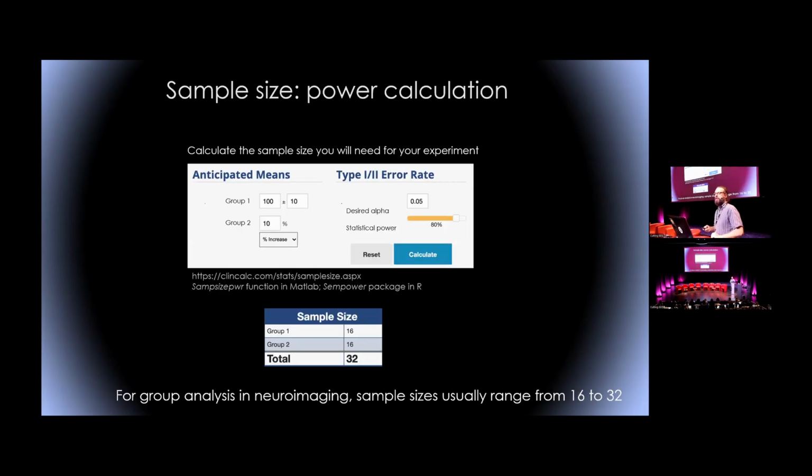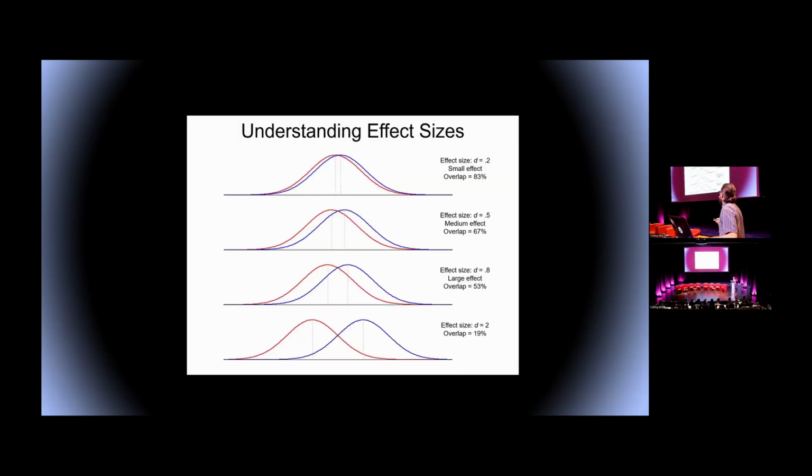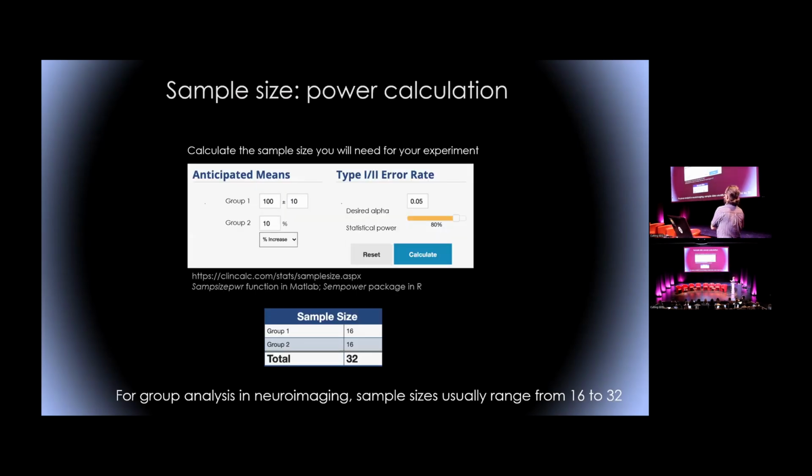Also, if you submit a grant proposal, you'll be asked to do a power calculation. And the way you do a power calculation is that you look at the literature and you try to infer, okay, on my oddball P3, what's my expected effect size based on the literature, or whatever you might be studying. You enter that.